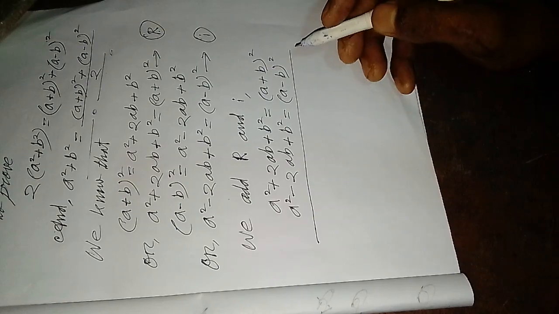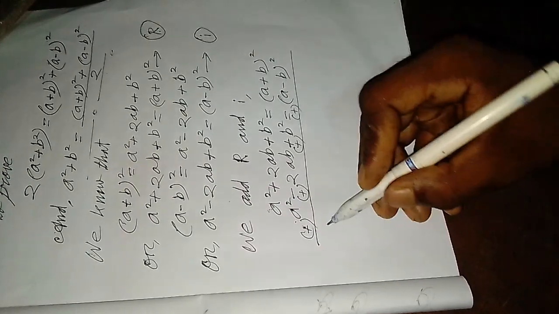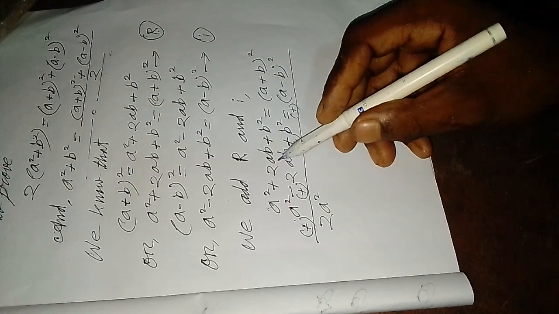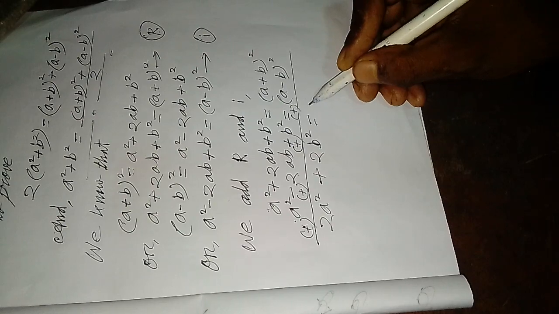Now we can add. Plus, plus, plus: we get 2a², the minus and plus 2ab terms vanish, and then 2b². So 2a² + 2b² = (a + b)² + (a − b)².